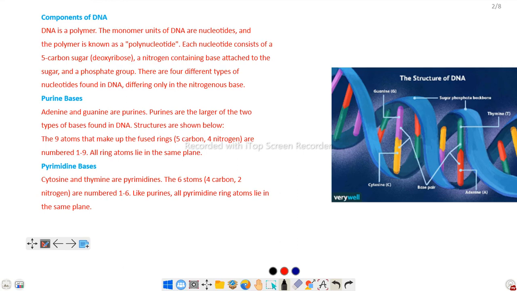Each nucleotide consists of a 5 carbon sugar. In the case of DNA, the sugar is deoxyribose sugar. A nitrogen containing base is attached to the sugar and phosphate group, and there are 4 different nucleotides.